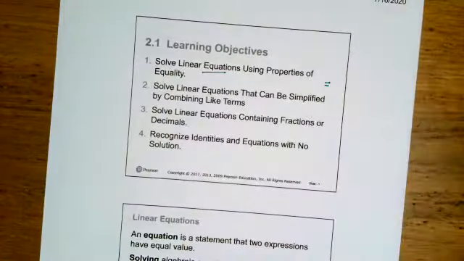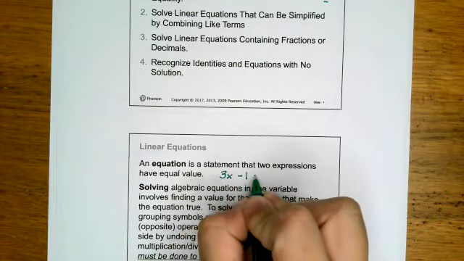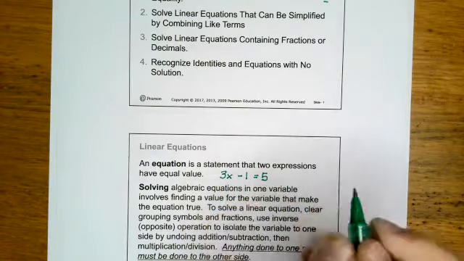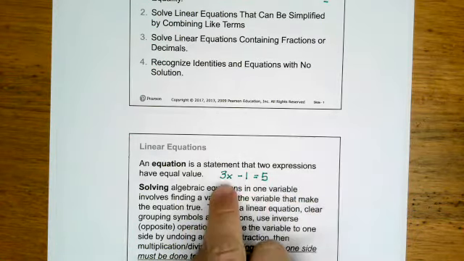The equal sign makes the left side equal to the right side. 3x minus 1 equals 5. Even though I don't know what x is, because the equal sign is there, I know that everything on the left must equal everything on the right.